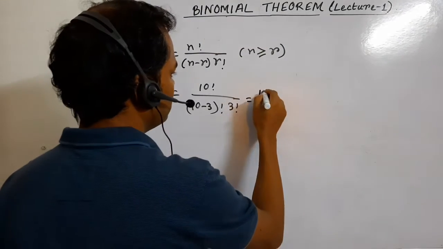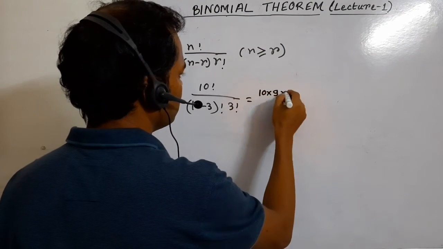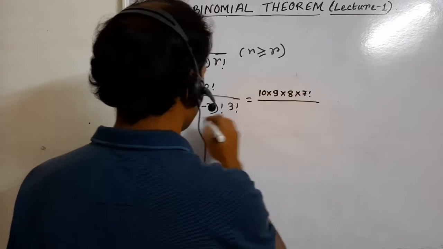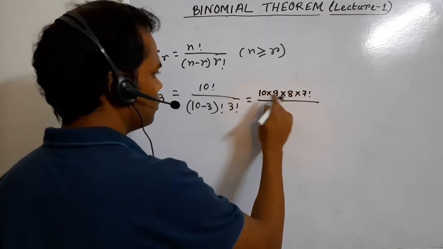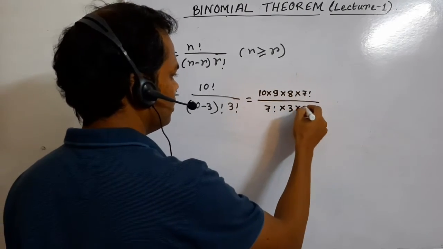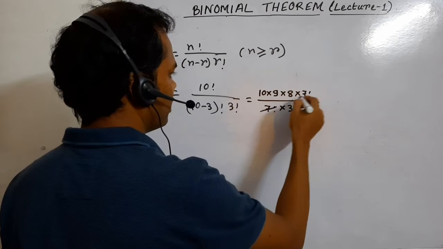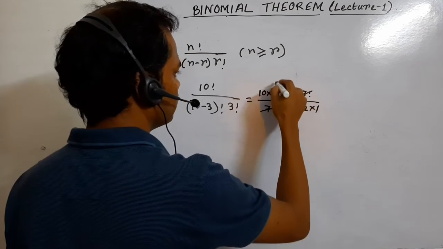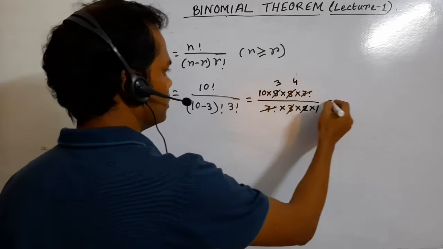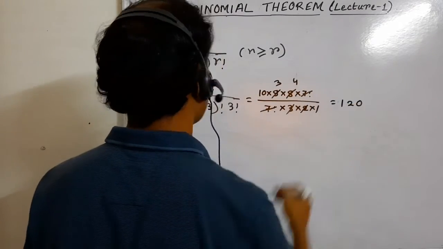Now 10 factorial is 10 into 9 into 8 into 7 factorial, and in the denominator there is 7 factorial, so we write up to 7 factorial for cancellation. And 3 factorial is 3 into 2 into 1. By cancellation, 4 threes are 12, and this is 120.